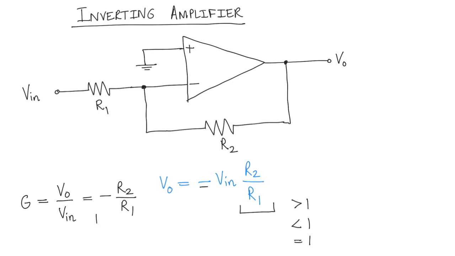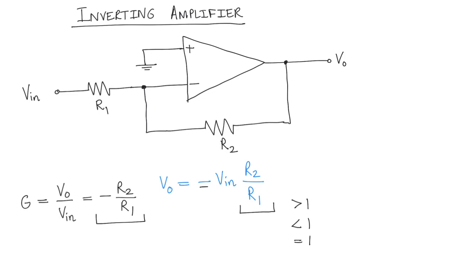And because the gain is negative, we call this the inverting amplifier. So that gives us one more block in our set of electronic blocks to be used for designing different circuits. So we now have a circuit that can actually do amplification.